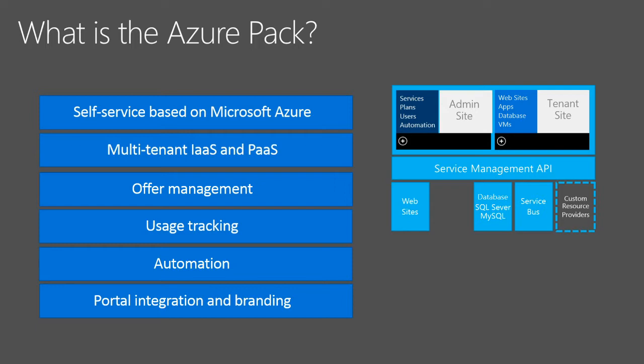And so this is where you really get into the plug-and-play model of Azure Pack, as you can have various resource providers. So for example, out of the box, you have the website's resource provider, databases, both SQL and MySQL, Service Bus, and you have the opportunity to create your own custom resource provider and plug it in if there's something that's lacking.